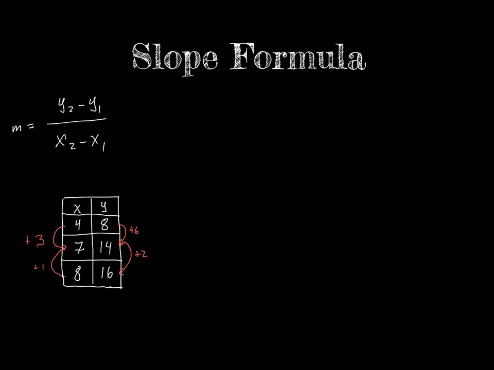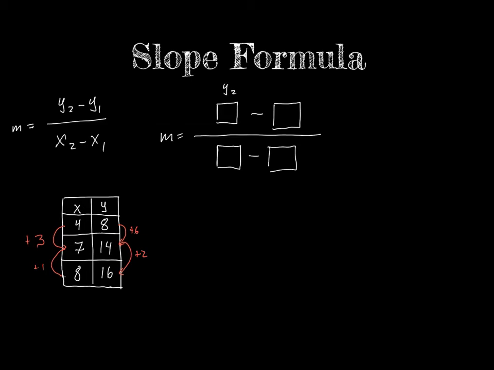So to do that, the first thing that I want you to do is we are going to start by writing boxes. And we're going to label them. So the first box is going to be y2.